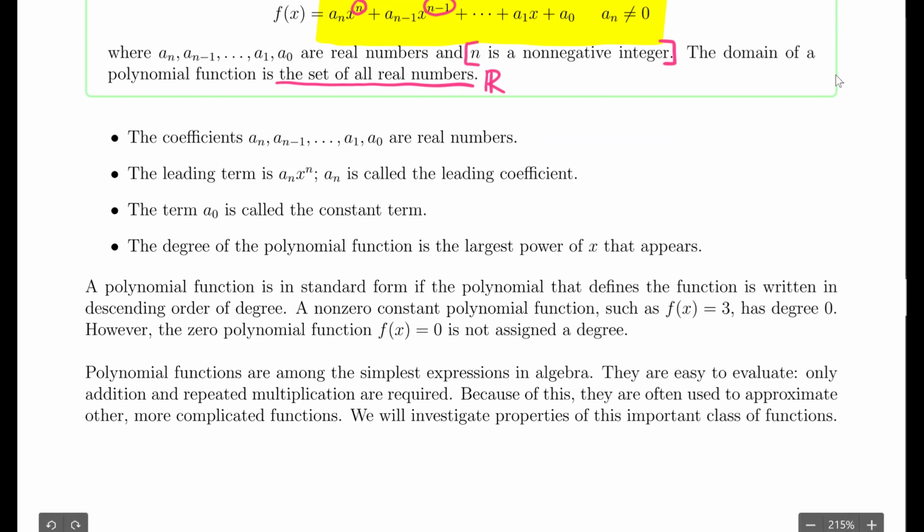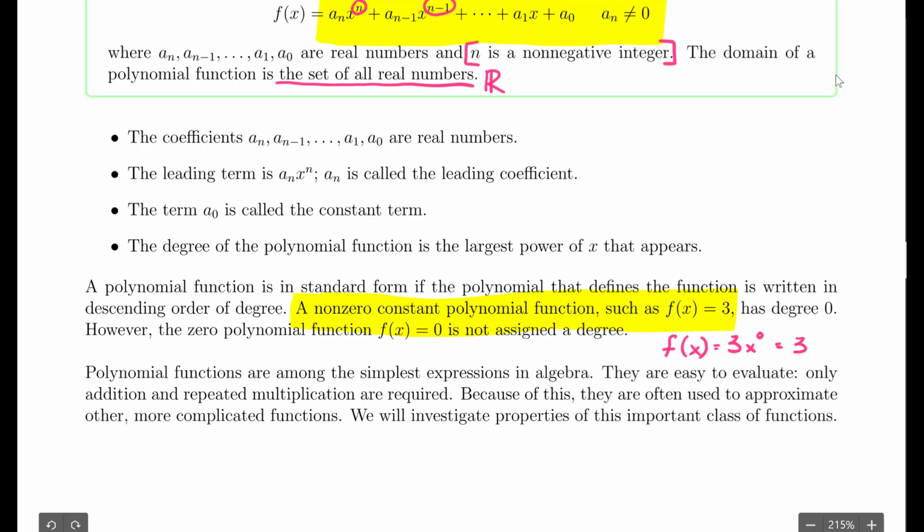One other thing to note here is a non-zero constant polynomial function, such as f of x equals 3, or it could be 5, negative 12, whatever it is, has a degree of 0. And we can say that because essentially it's the same as saying 3 times x to the 0 power. Anything raised to the 0 power is 1.